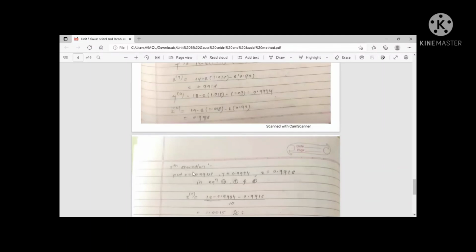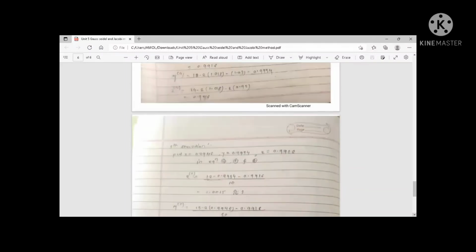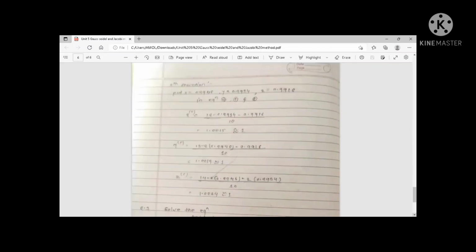In the fourth iteration, the value of x is 0.9946, the value of y is 0.9934, and the value of z is 0.9916. Use these values as the initial values, put them in equations 4, 5, and 6, and solve. Again, you find the values of x, y, z: 1.0015, 1.0019, 1.0024.